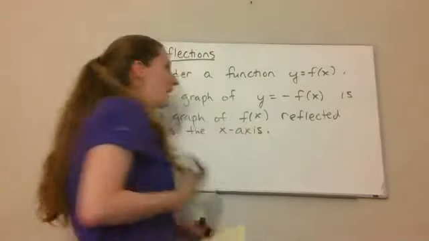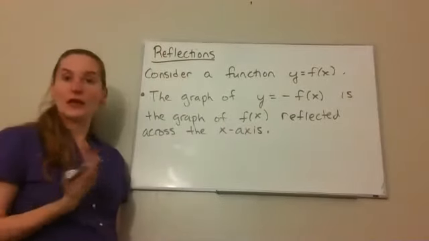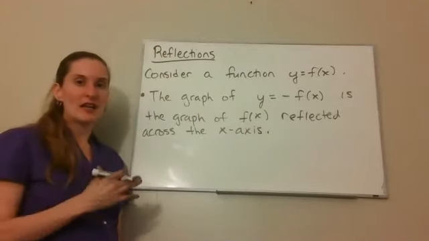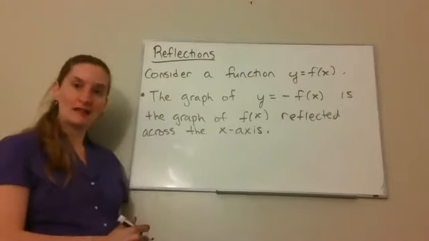So if you're trying to graph a function that is one of our basic functions, it just happens to have a negative on the outside, you take the graph and you flip it over the x-axis.